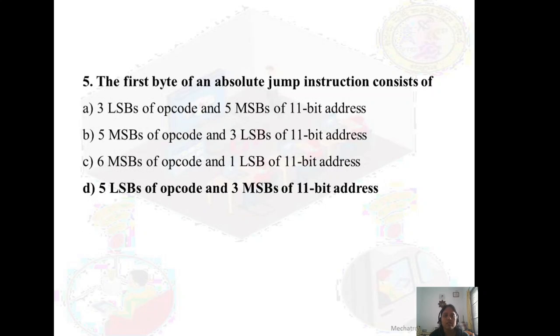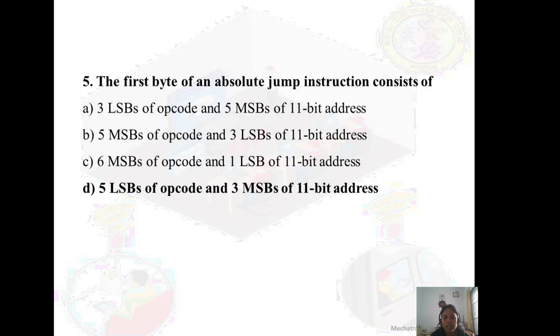The first byte of the absolute jump instruction consists of what? I have already told you. See, option A, 3 LSBs of opcode and 5 MSBs of 11-bit address; option B, 5 MSBs of opcode and 3 LSBs of 11-bit address; option C, 6 MSBs of opcode and 1 LSB of 11-bit address; option D, 5 LSBs of opcode and 3 MSBs of 11-bit address.